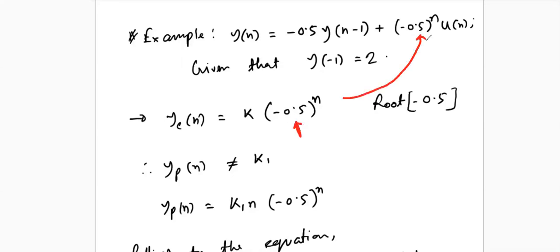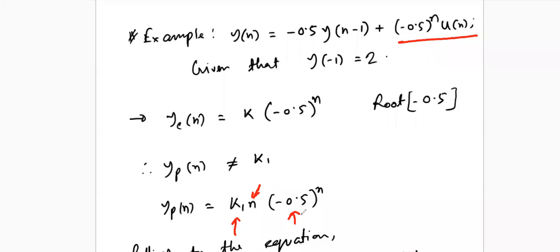And for the particular solution, previously it should be a constant, but now that is not the case. It is the same pattern as the input, multiplied with a constant, and there is an extra n, because we have the repeating root.